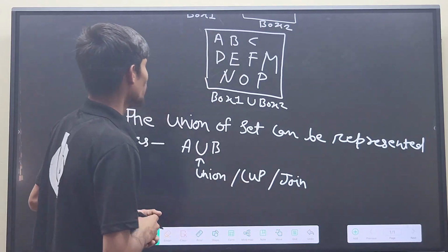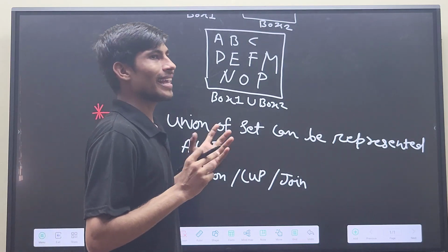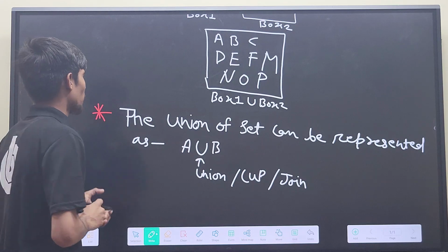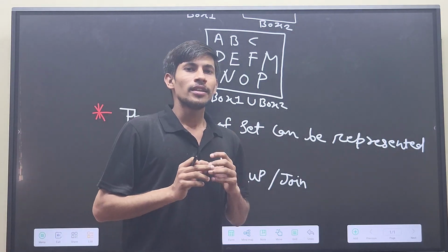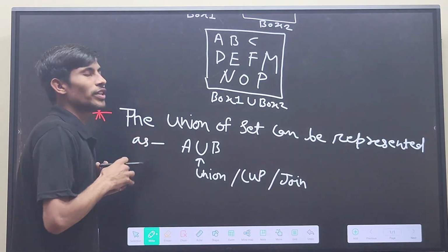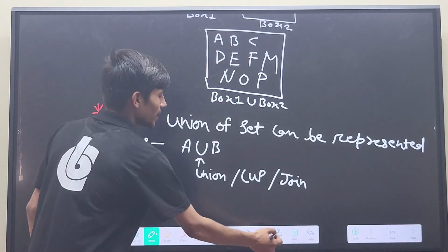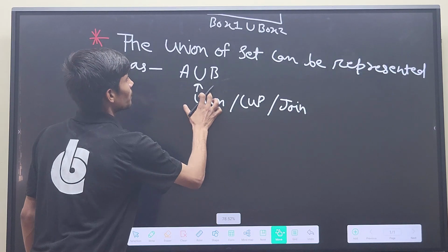Now, what is the Venn diagram for A union B? Do you know? Okay, so let me tell you. The Venn diagram for A union B is a pictorial representation of A union B. Let me tell you how it looks.